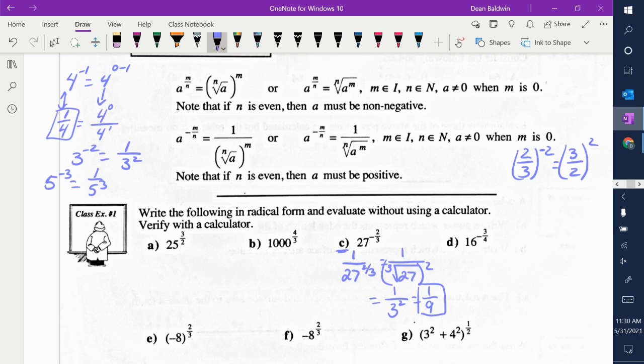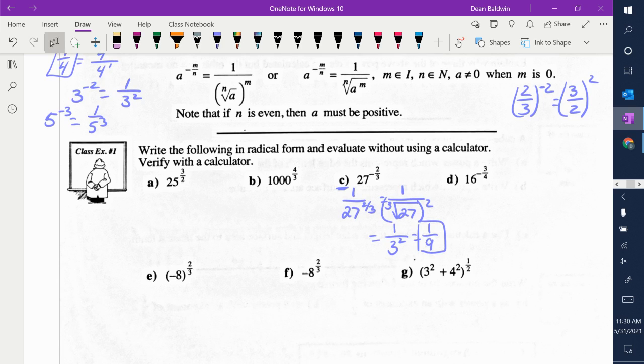As soon as you see the negative exponent, flip whatever it is you're dealing with to make the exponent positive. So let's do D. What does this become to make the exponent positive? Okay, so 1 over 16 to the power of 3/4. Exponent is now positive. Then you go, okay, I got a fractional exponent. What's my index number? 4.